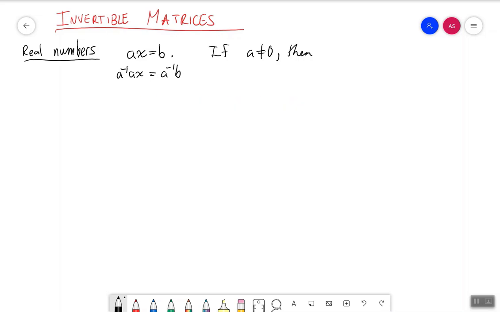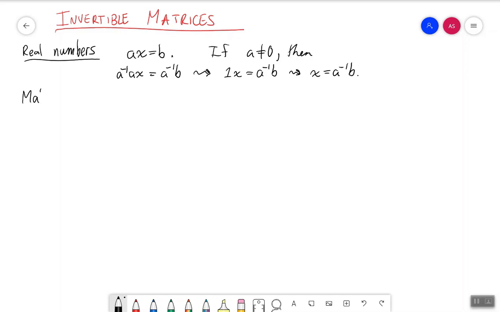So we multiply both sides by a inverse, and then a inverse times a is equal to 1, and so this equation becomes 1 times x equals a inverse times b, which gives us x equals a inverse times b.